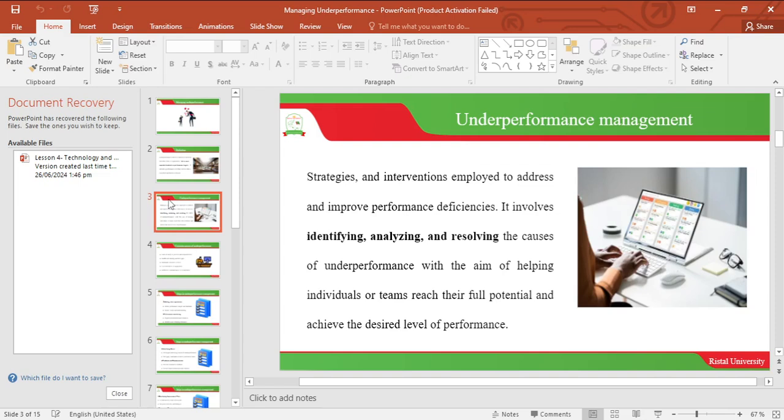So underperformance has a lot of negative implications on the organization, whether a private company or a national or international organization. That's the definition of underperformance management in an organization.